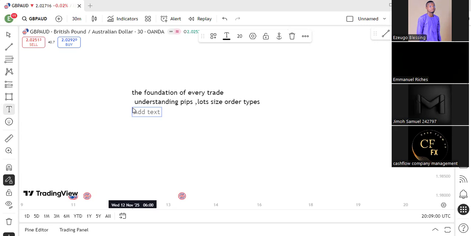I write in my notes here: pips is the smallest unit of price movement in a currency pair.